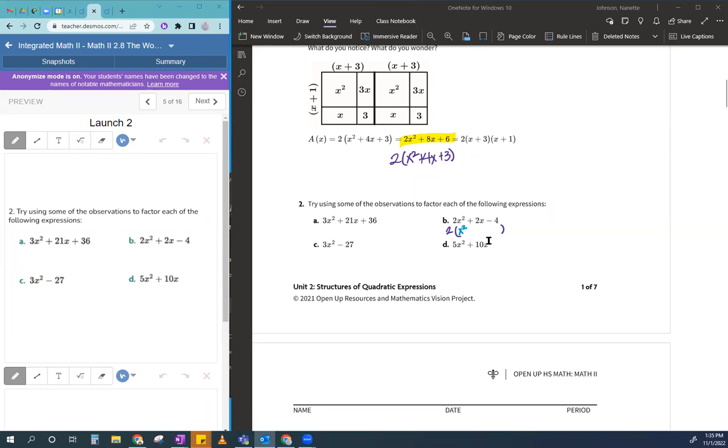Yes, 1 what though? 1 x. Very good. And then 2 times what gives me -4? Very good.